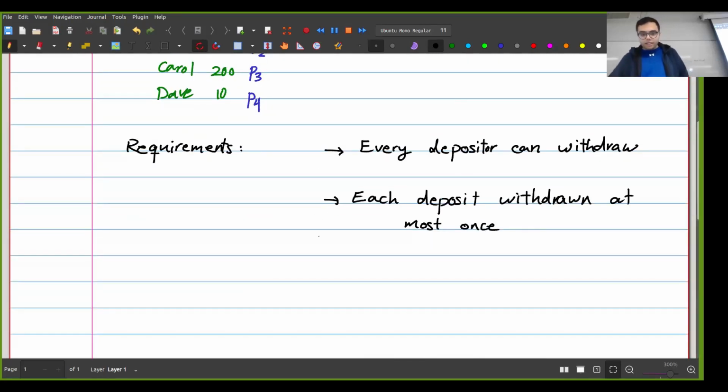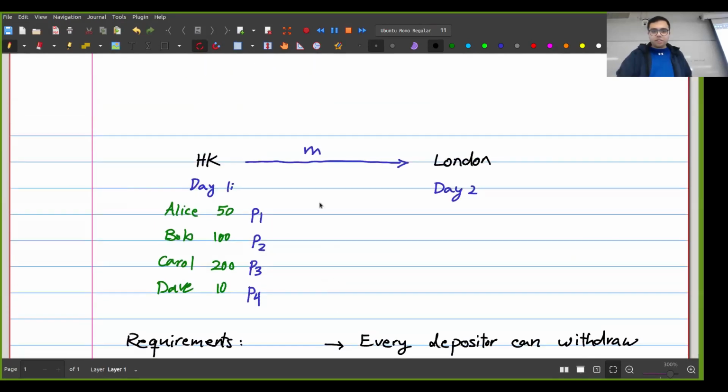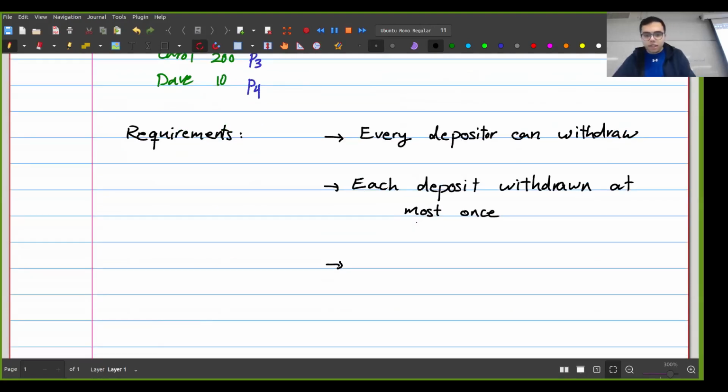The other constraint is that I don't want to leak any data based on M. M is public, everyone can see M. No one should be able to find any of the personal information of the depositors and the amounts they deposited based on M. So M does not leak any personal data.